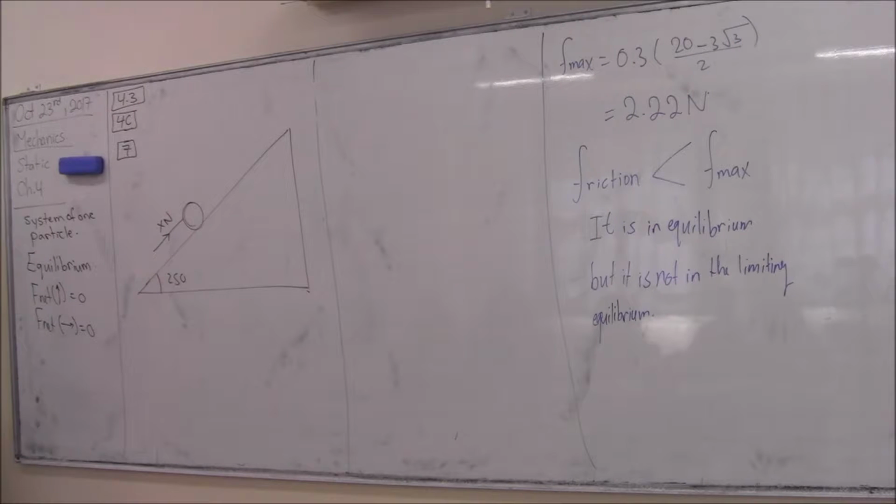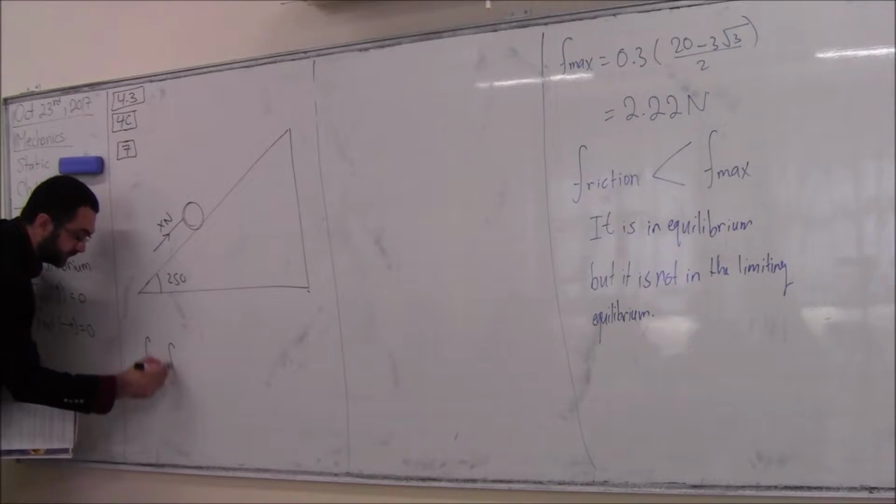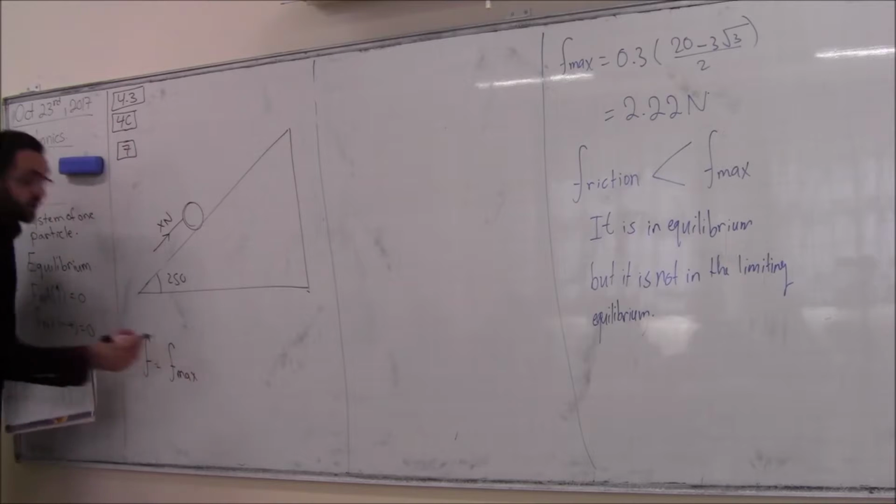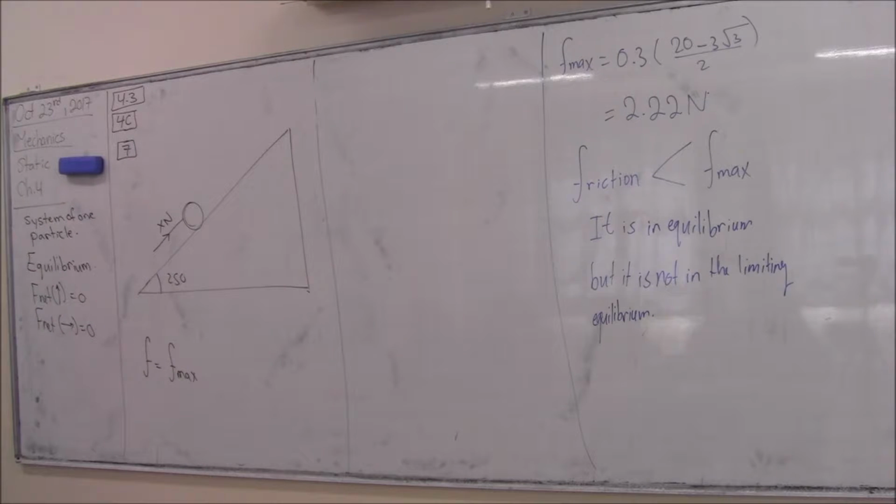The plane is inclined 25. The particle is in limiting equilibrium, so directly the friction equals F max. Because now it's mentioned that it's in the limiting equilibrium. The coefficient of friction is 0.25. Find the normal reaction, the value of X.